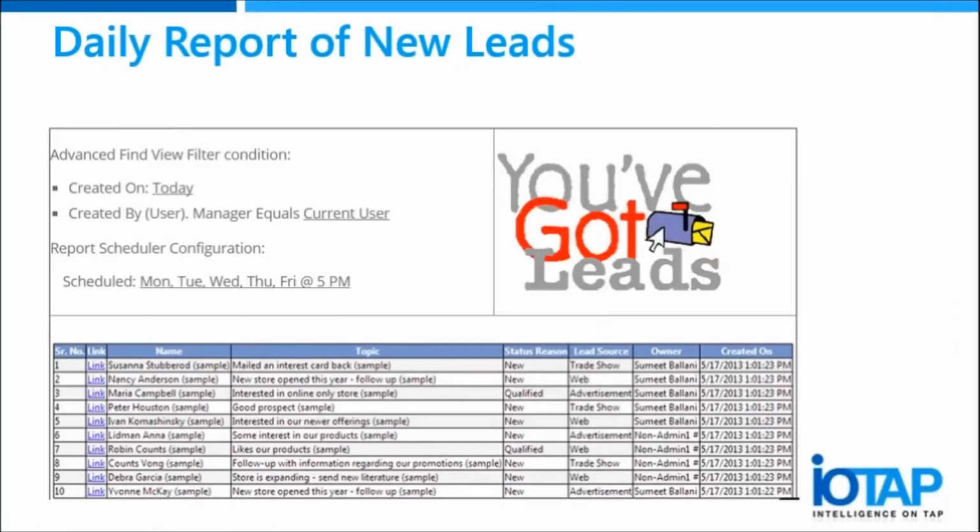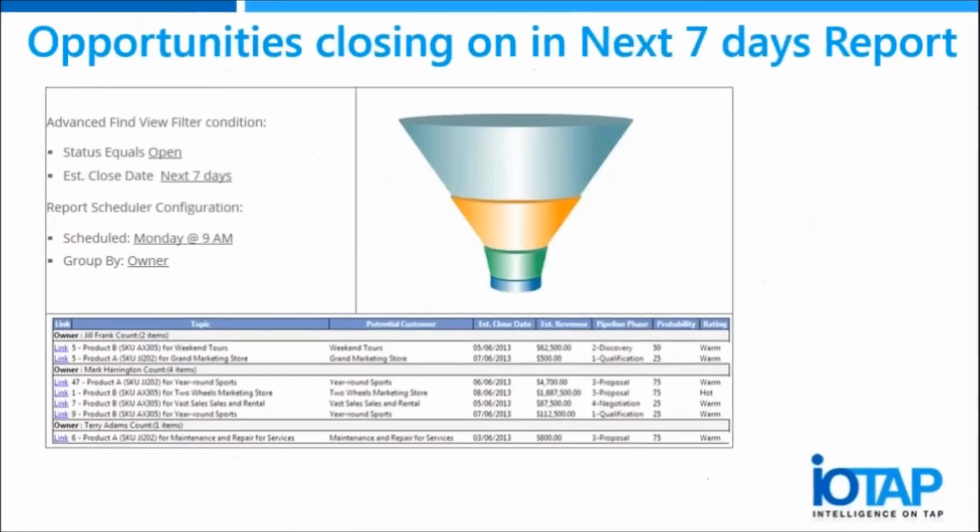This one that you see right now is the marketing related report. This is the new leads report. Basically, you can schedule this every day in the evening, and this will show you the list of all the new leads that have been generated in the system, added to the system. This second one is more of a sales related report.